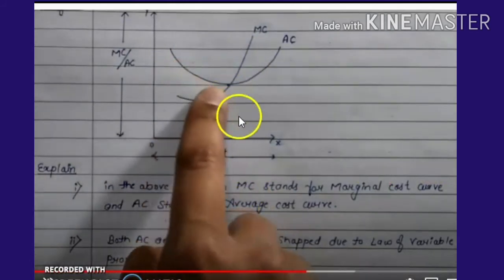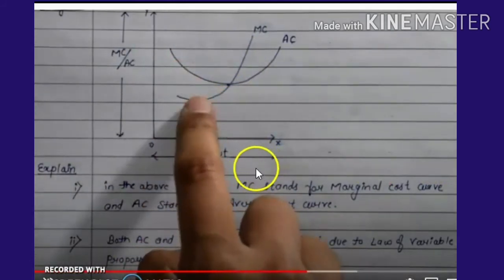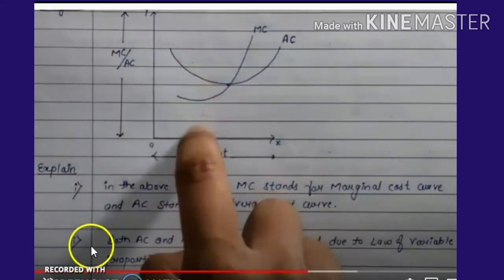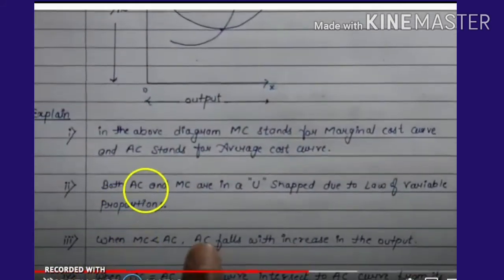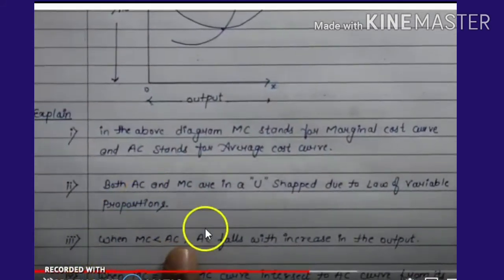Both AC and MC are U-shaped due to the law of variable proportion.